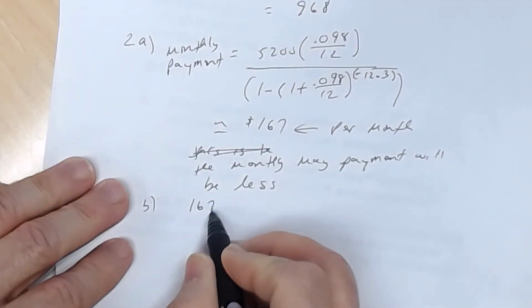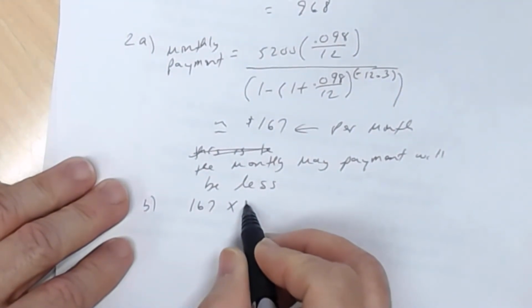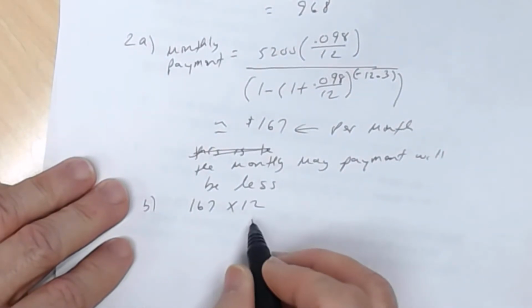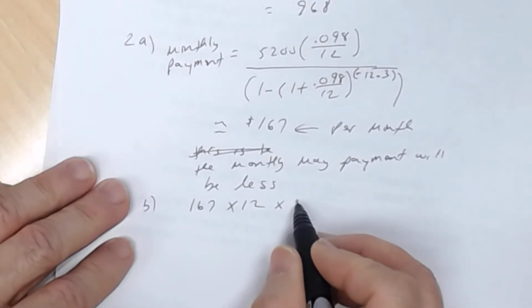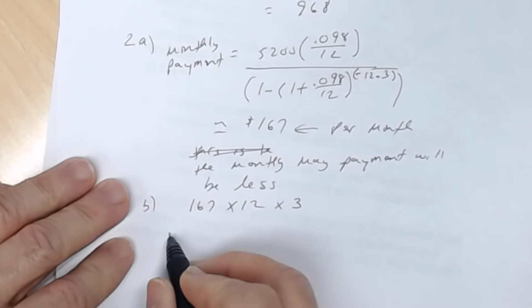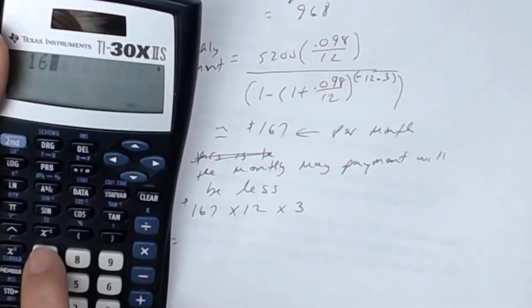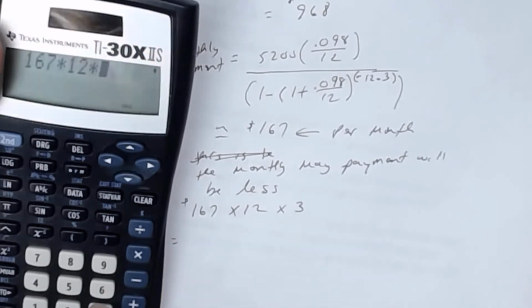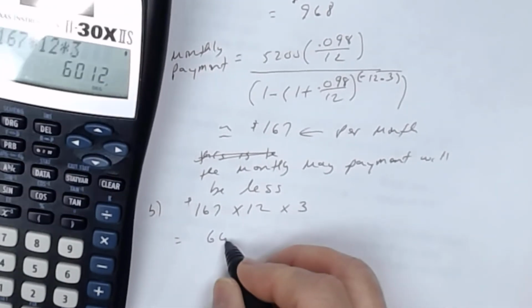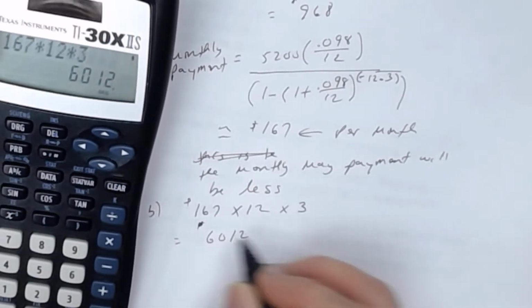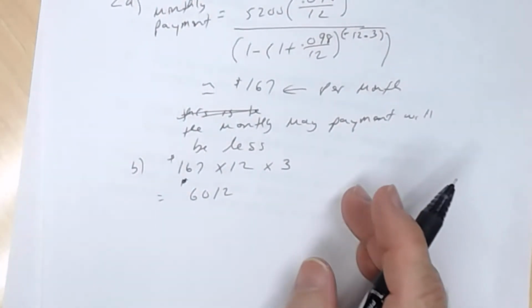So it'd be 167 times 12, so that's how much you would pay in 1 year, times 3 years, and that's going to give you $6,012. So that's how much you would pay.